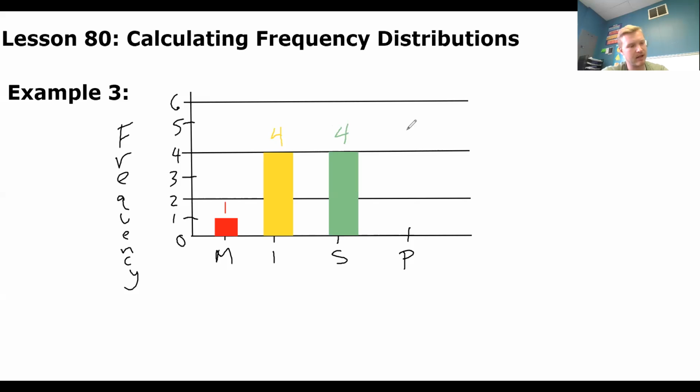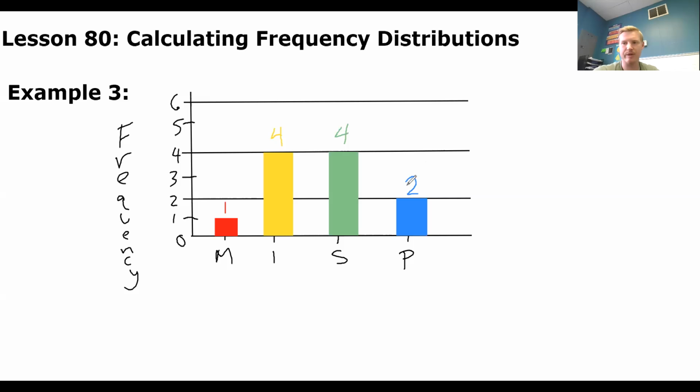And then how many P's are there? There's only 2, right towards the end. That's going to be blue. It's going to go up to my 2. Number 2, right above it to show how many P's we have. And that's all of them.